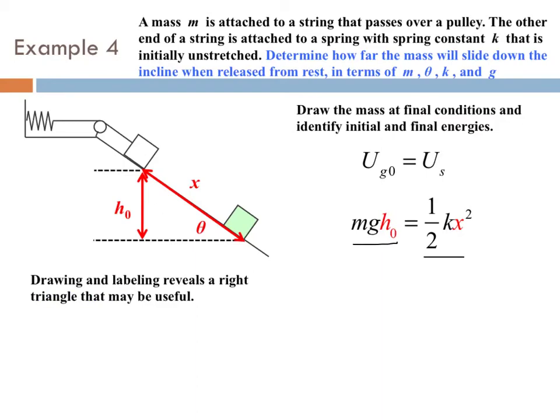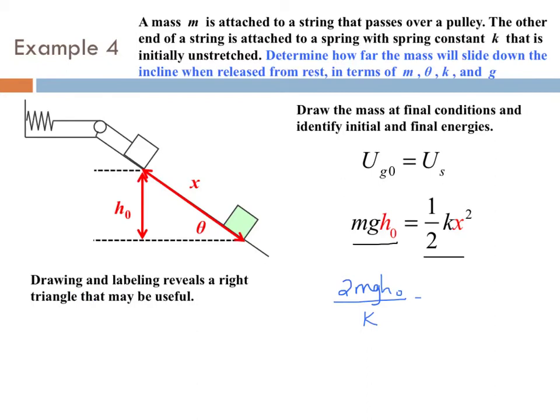So I want to solve for x, the distance that my block moves down the incline. When I rearrange this, I get 2mgh naught divided by k is equal to x squared.